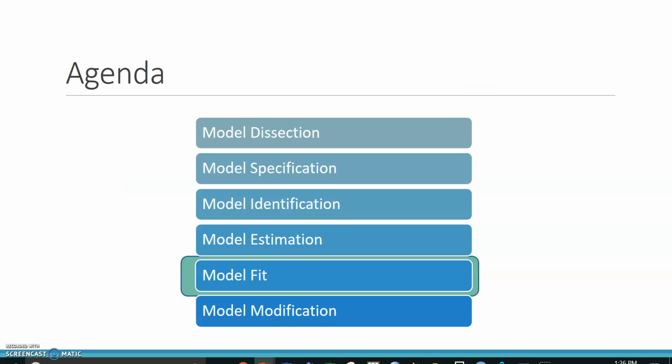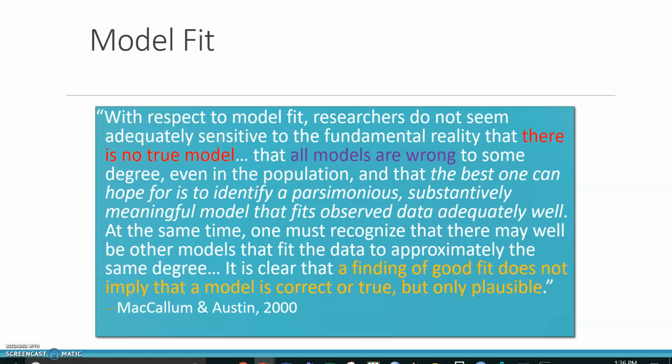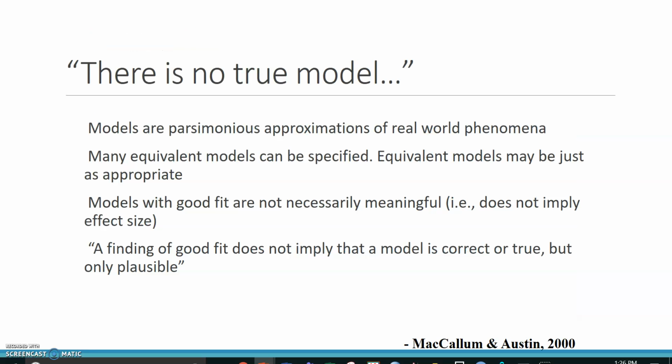So now that we have an estimated model, we're going to start looking at model fit. So pause and read this. So there's no true model. And that means that we have created this model based on what we think is happening, and we've got some theory to support it, and then we get some data that are proxies about the variables that we want to see, and we see how it works. But I could take the same data set, and I could draw multiple models with it, and they might all fit just as well.